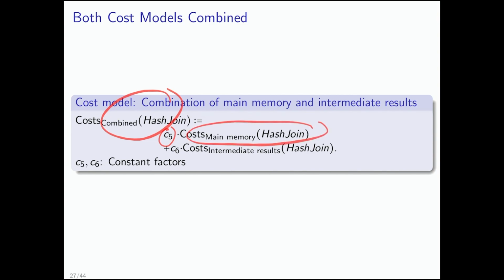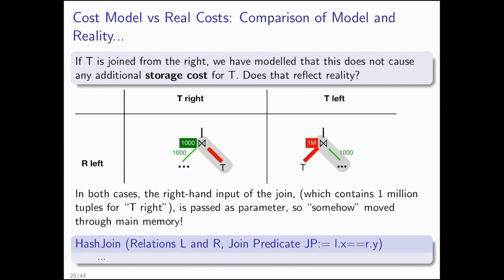C5 and C6 are weights where you say, okay, I'm focusing a bit more on main memory or not so much on intermediate results. Depending on how you want to optimize, depending on which system you're running on, you can set those weights to fit your purpose. So that's how you could combine those cost models.